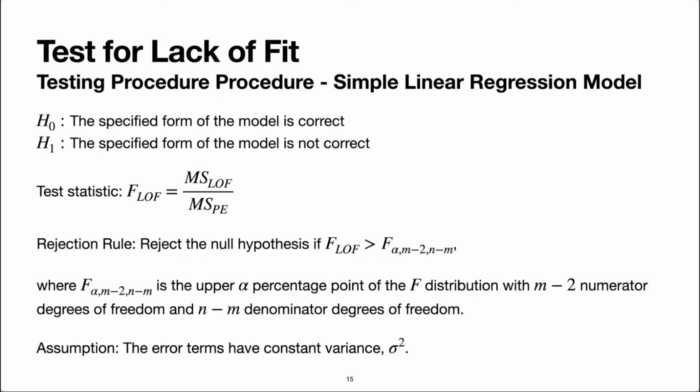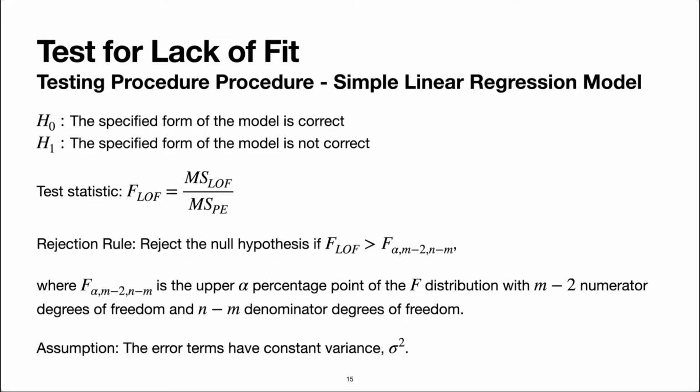The null hypothesis is that the specified form of the model is correct. The alternative hypothesis is the opposite of that: the specified form of the model is not correct. The test statistic is this ratio, the F statistic for lack of fit, which is equal to the mean square for lack of fit divided by the mean square for pure error.